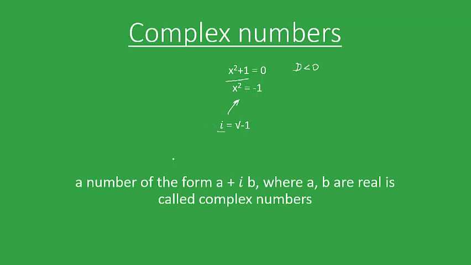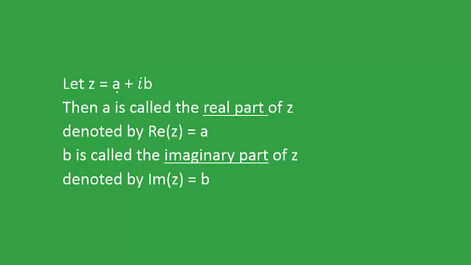The complex numbers were now given as a number of the form a plus iota times b, where a and b are real numbers. The first real number, that is a, which is used to represent the complex number, is called the real part, as you can see, basically a simple real number.